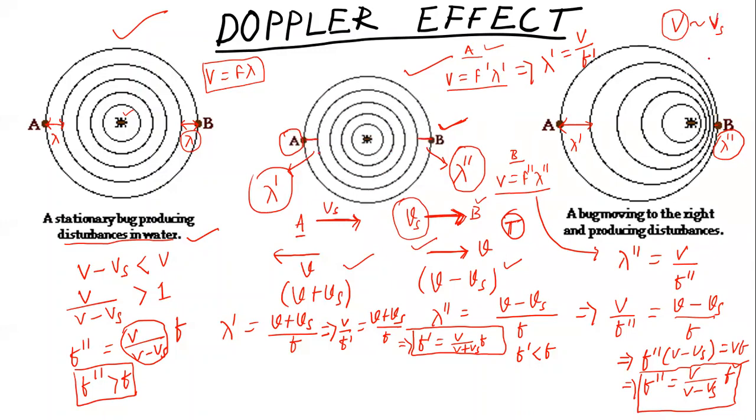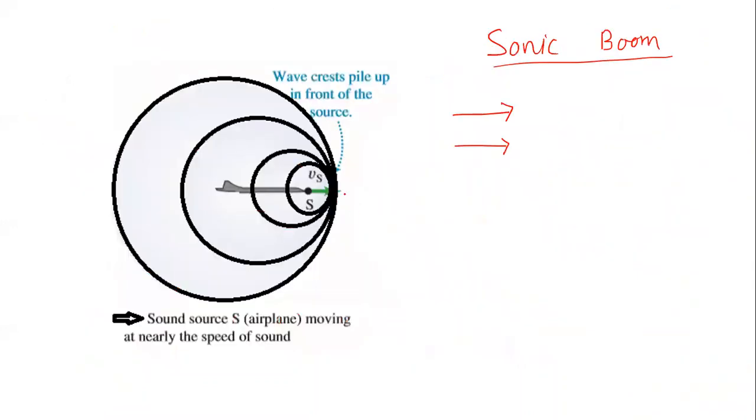When they match, then this lambda dash will not exist. All these crests will be piled up at the same point B, shown here. This is the point where all the wavefronts, the crests, are piled up, and then it will create a sound barrier.